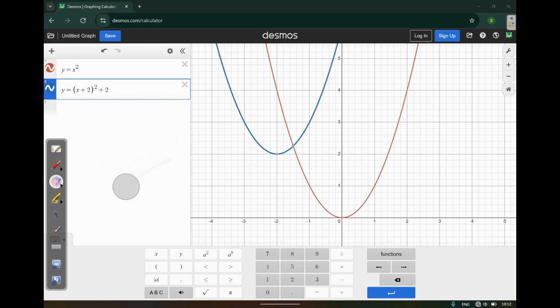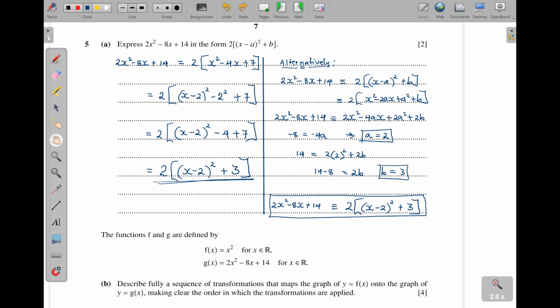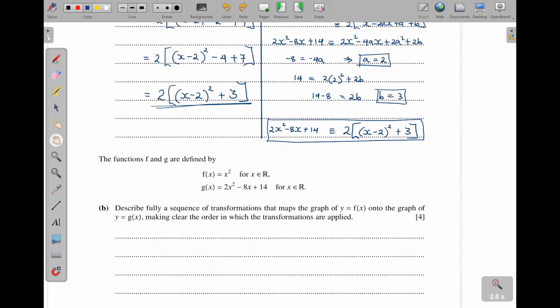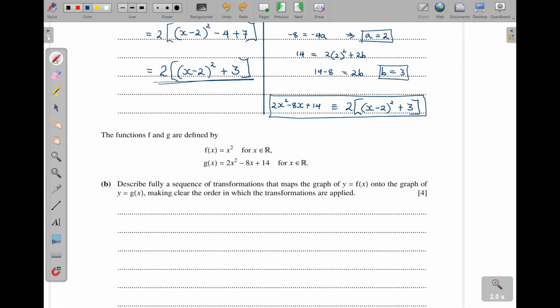Now, going back to our question here, we have inside here minus 2 plus 3. So if I have my g of x, which is equal to 2 into x minus 2 squared plus 3, because this is the one that we have done here.